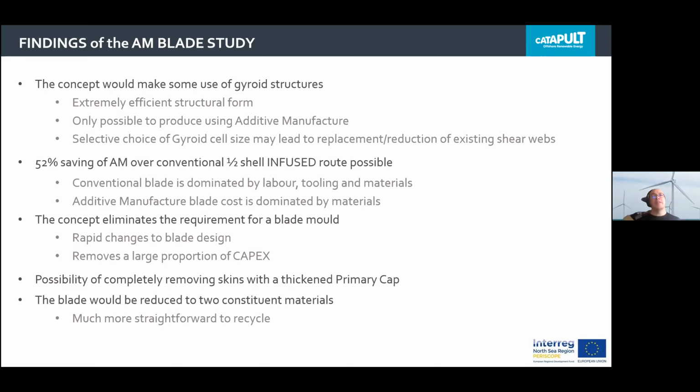But beyond this study, we've also seen, particularly at the outer extremes of the blade, a possibility of completely removing the skins, which would make the process even cheaper because you wouldn't have to put a blade skin on. As long as the selection of the thermoplastic material met weathering requirements and the aero requirements, that could be a further cost saving. And finally, the blade would be reduced to 2 constituent materials to produce the composite.